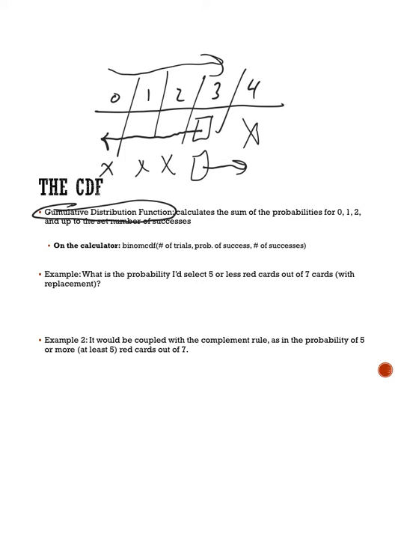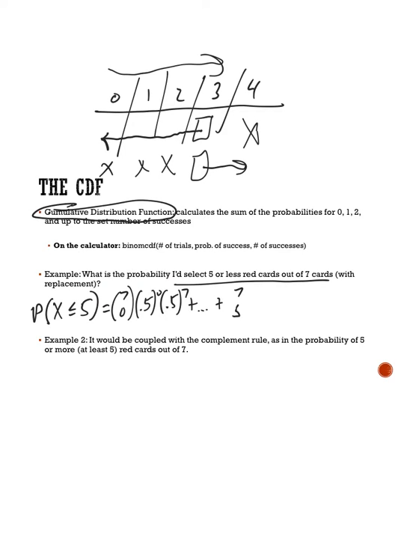So on our calculator here, the idea of selecting 5 or less red cards out of 7. What we're really looking at is x being less than or equal to 5. And again, what you do then is you'd have 7 choose 0, and there'd be 0.5 to the 0, 0.5 to the 7, plus all the way up to 7 choose 5, going up by ones.